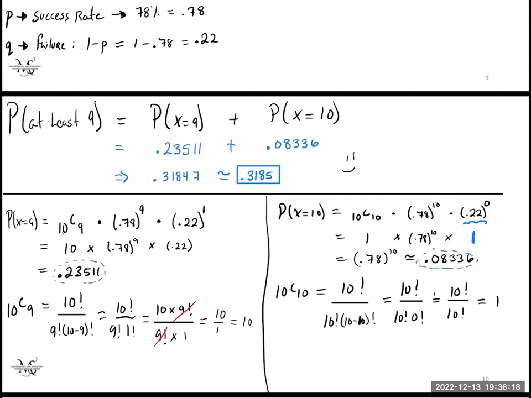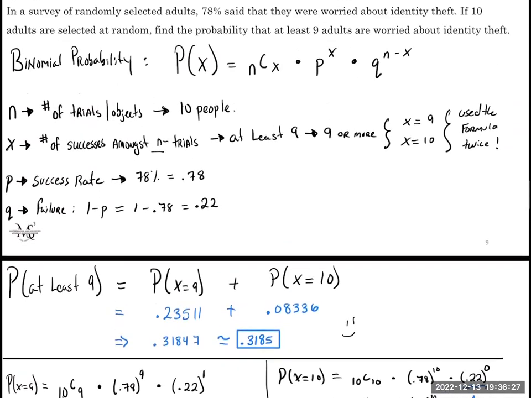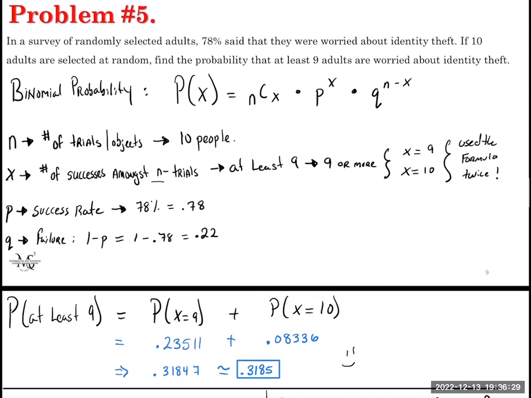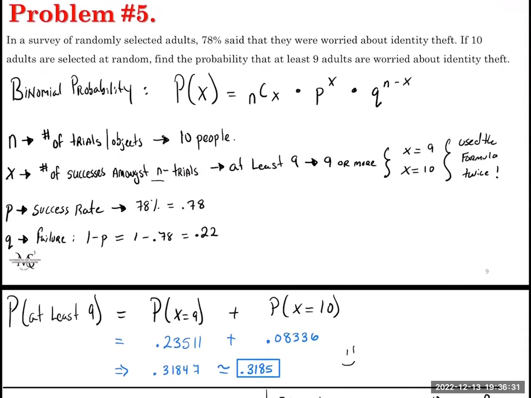All right. Any questions? Yeah, sure, Jada. I'll just go back up. So here I just defined everything in the first slide. If you notice, I labeled all my values, and then I started doing the computation in the second slide. I recommend all students to do this, by the way. If you know your formula, write out the values of n, x, p, and q.